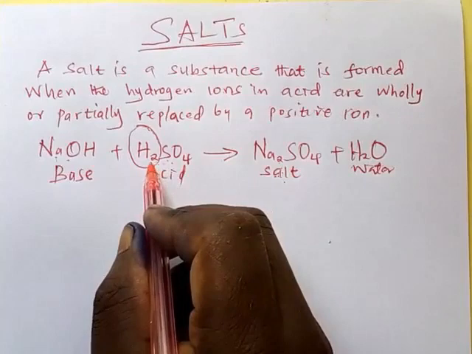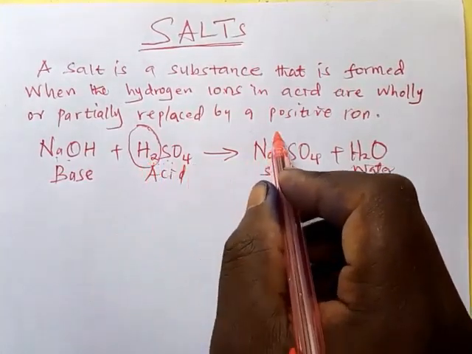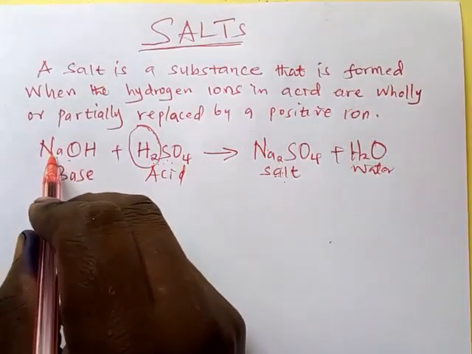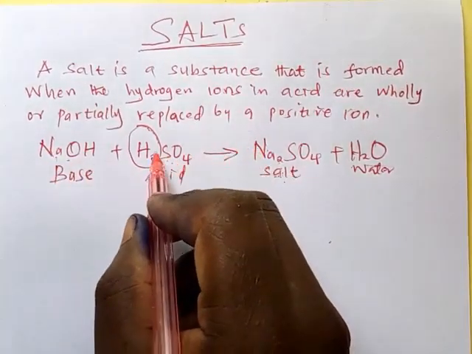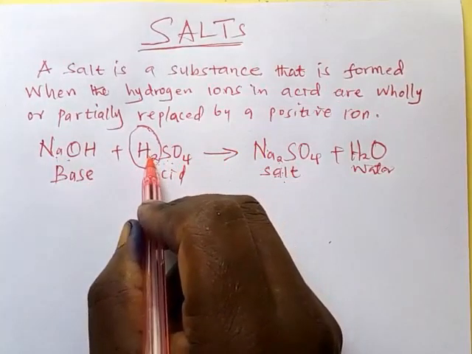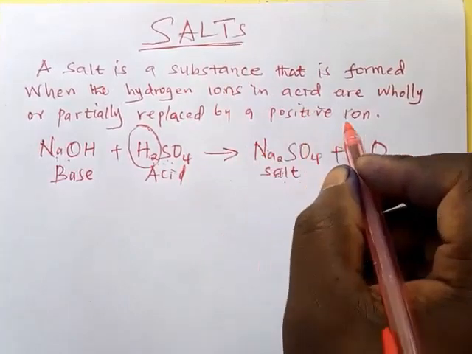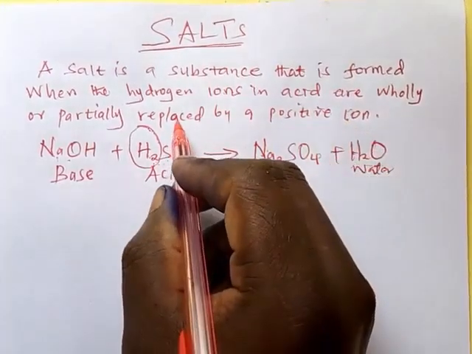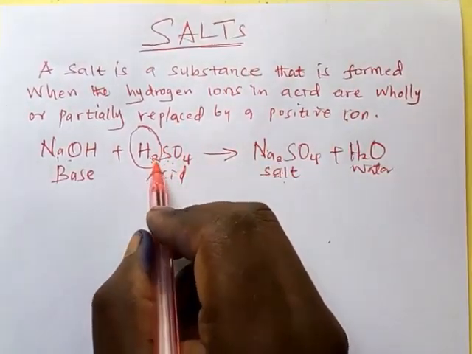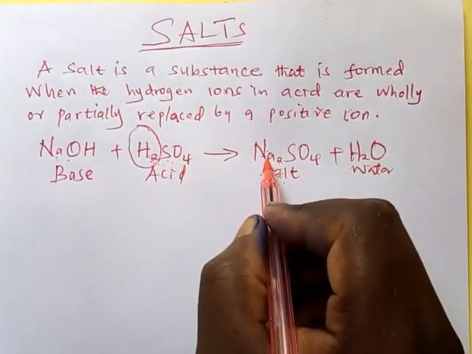Is it replaced or displaced? Displaced. So the cation, the sodium ion, has displaced or replaced the hydrogen ions in the acid. So when a positive ion replaces the hydrogen ion in an acid, a salt is formed.